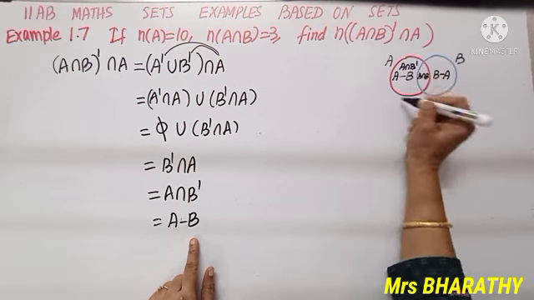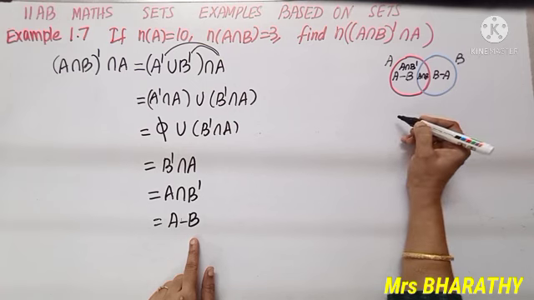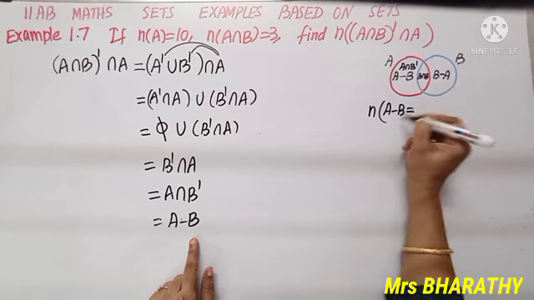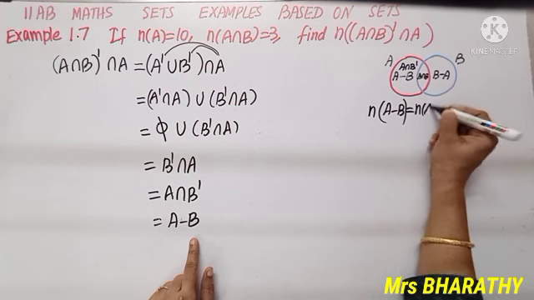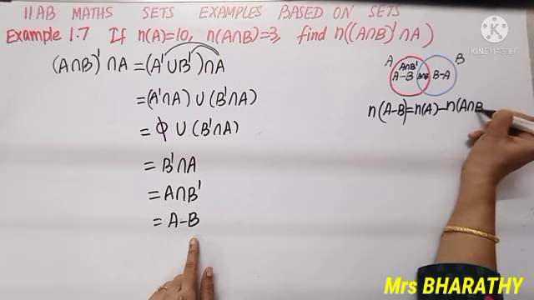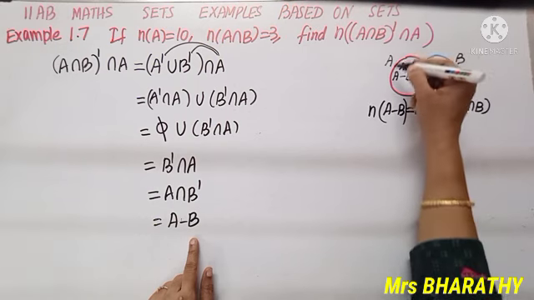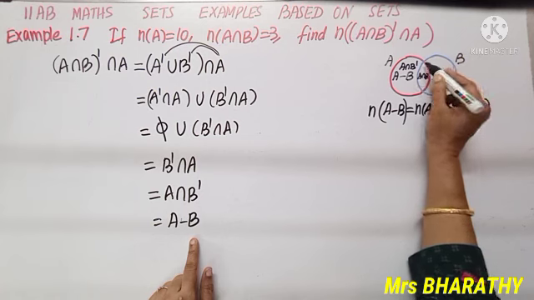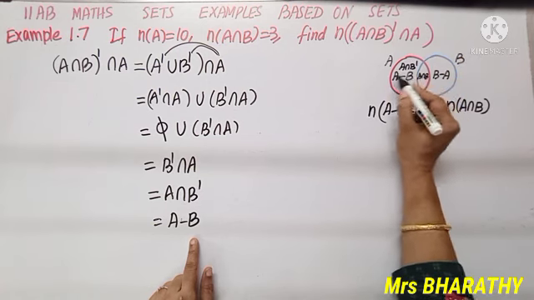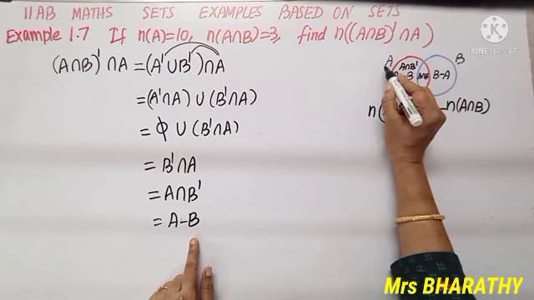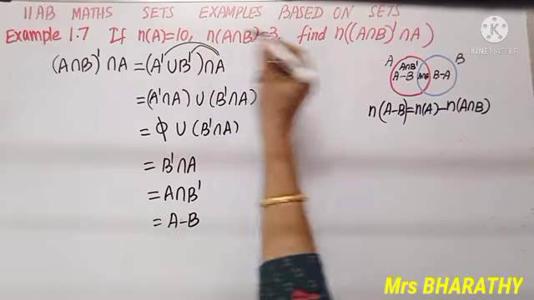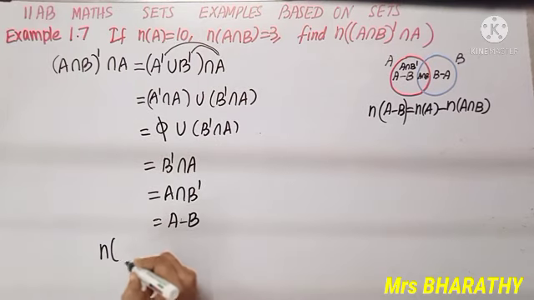Now from this Venn diagram, you can simply write what is A minus B. N of A minus B is n of A minus n of A intersection B. The full red circle is A. This common portion is A intersection B. I want the remaining portion. So n of A minus n of A intersection B. So let us write down what is expected in the question.